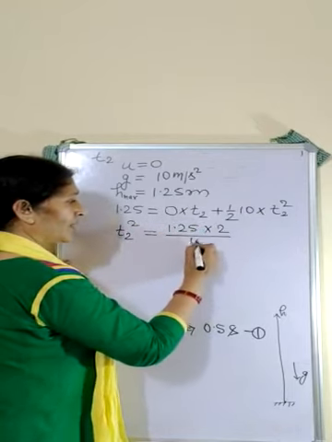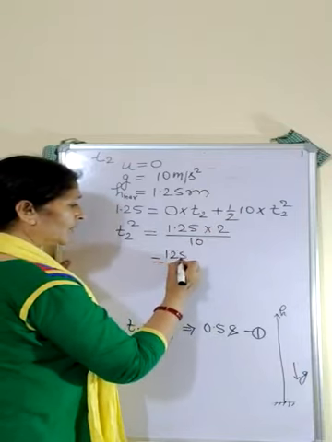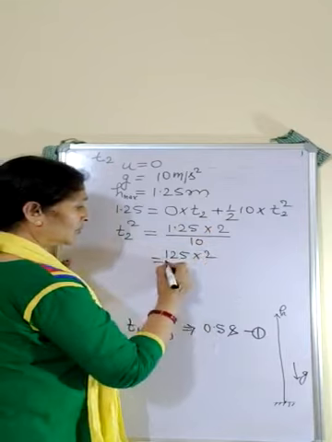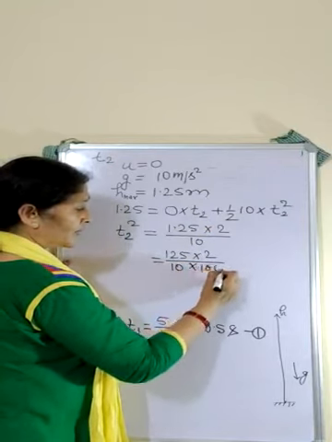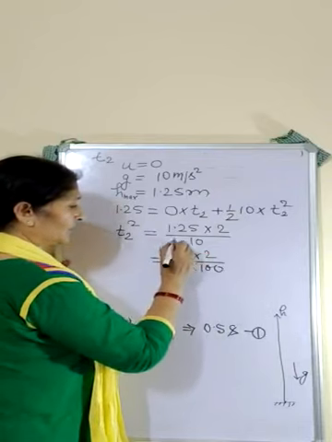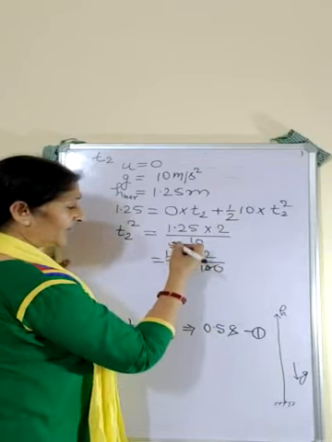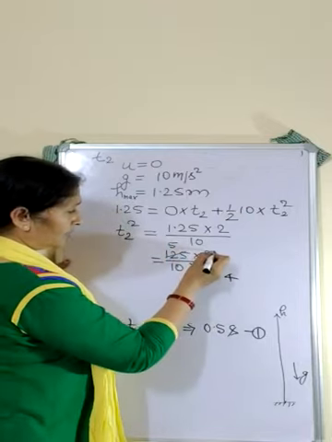We can write it as 125 into 2 by 10 into 100. Now cancel this: 5 and 25, 5 fives are 25, 4 fives are 20.